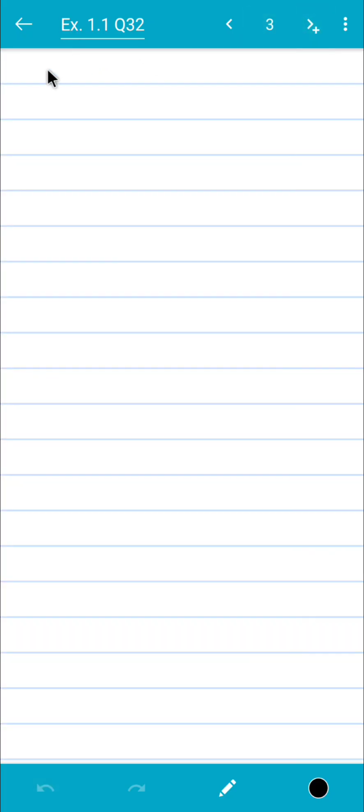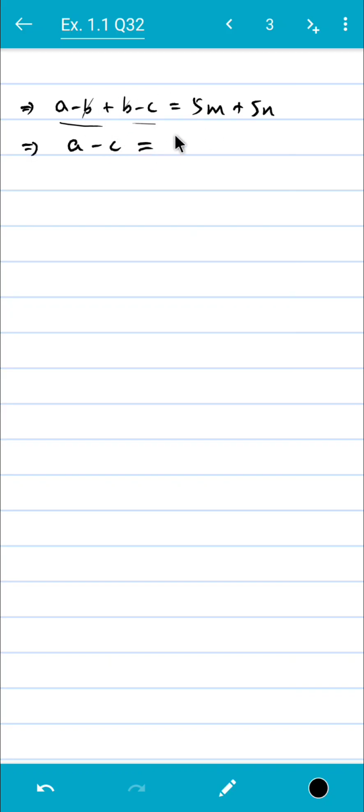So A minus B plus B minus C is equal to 5m plus 5n. This gives me A minus C, the B cancels, equal to 5 common, m plus n.